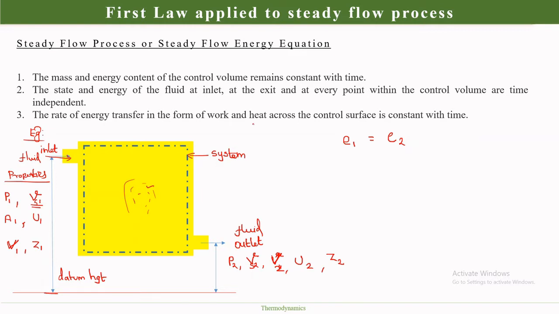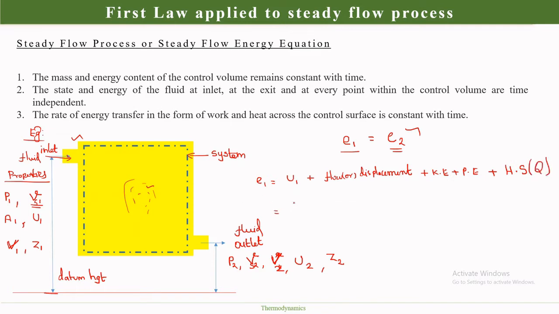So whatever energy comes in from the inlet is equal to the energy going out from the outlet. So E1 is equal to my internal energy U1 plus my flow or displacement energy, then my kinetic energy and my potential energy, and the heat supplied inside, which I call Q.